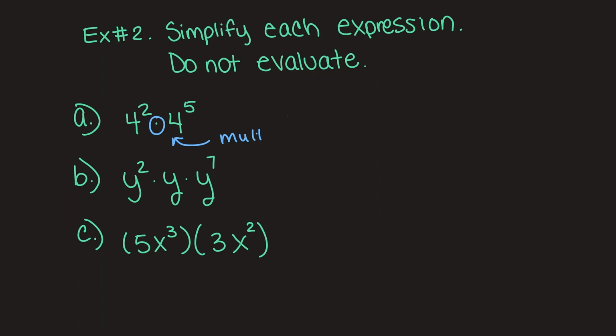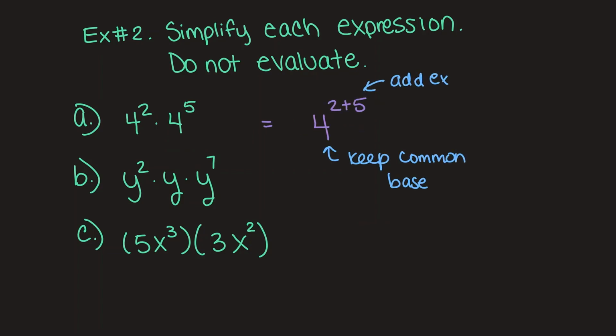And since we are multiplying exponential expressions with the same base, we can actually use our product rule. So we will keep our common base and just add the exponents. And this will give us 4 to the 7th power. And for now, we don't have to evaluate this, so we'll just keep it as 4 to the 7th power.